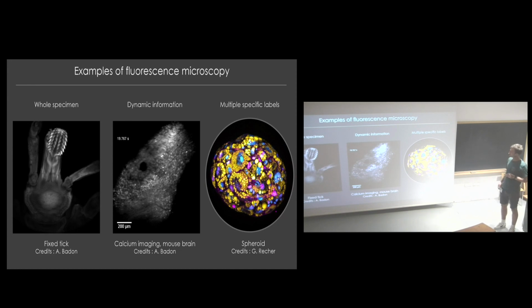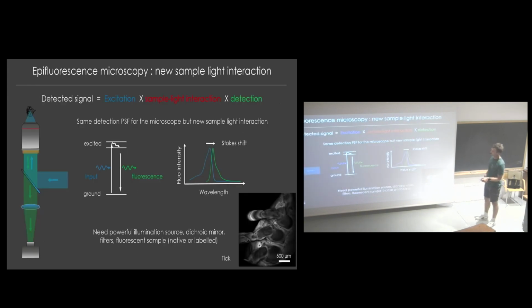But also, still in a static domain, you can do multiple specific labels. For instance, here, this is a multicellular aggregate, and you have plenty of colors corresponding to plenty of different labels. Here we are using only one excitation wavelength, but you can use multiple wavelengths at the emission.